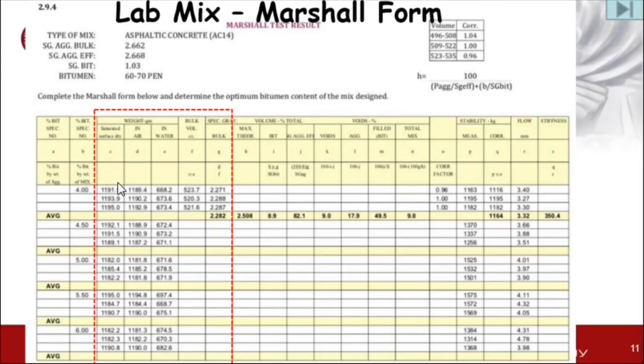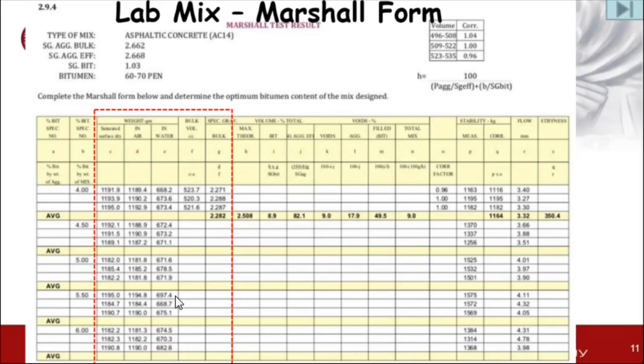Okay, now let's refer to the Marshall form again. Column C is weight of SSD, column D is weight in air, and column E is weight in water.